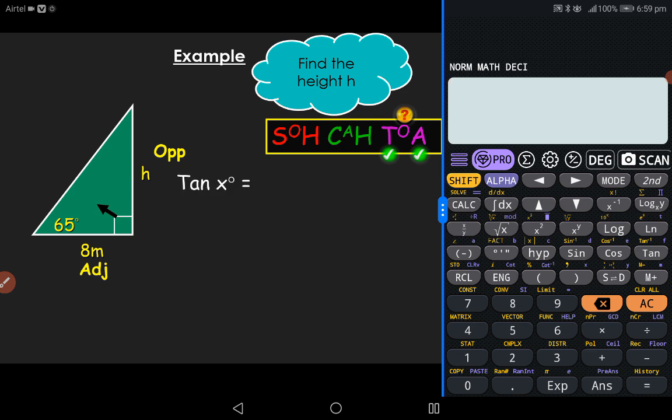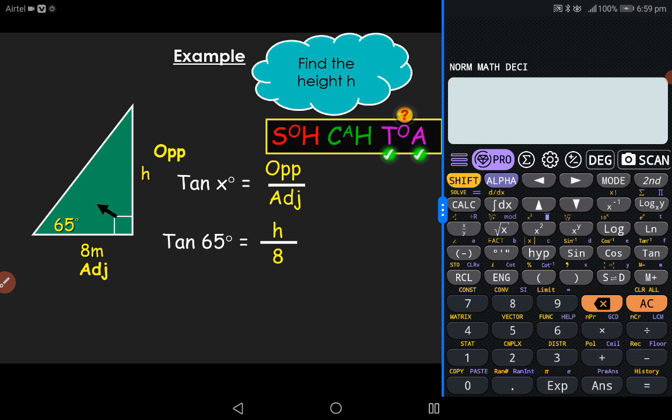So using tangent of x is equal to opposite divided by adjacent, the opposite side divided by the adjacent side, upon substituting 65 for x, tan 65 will be h divided by 8.